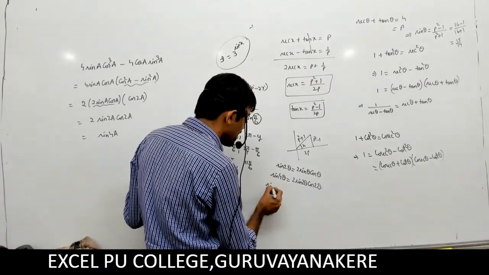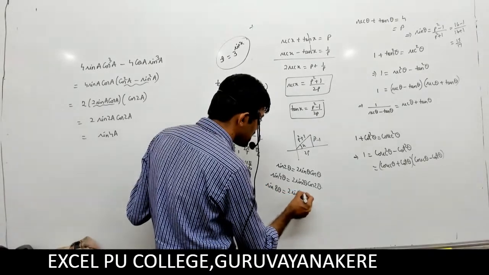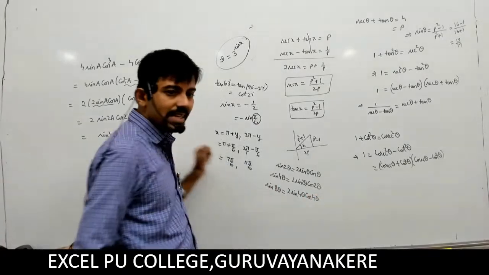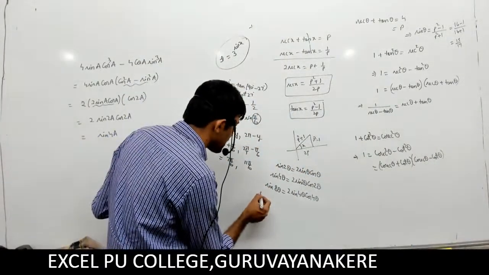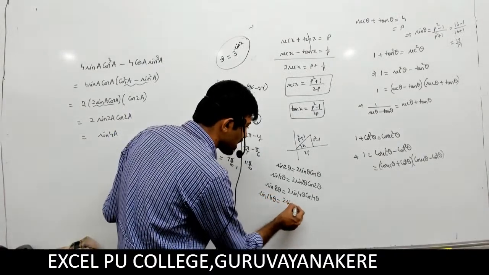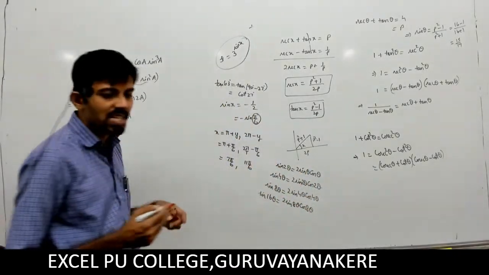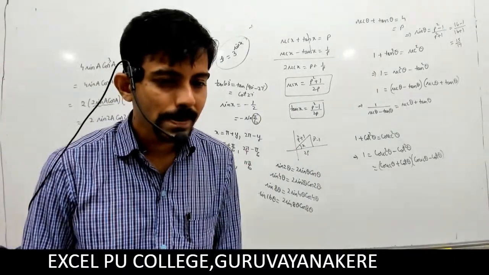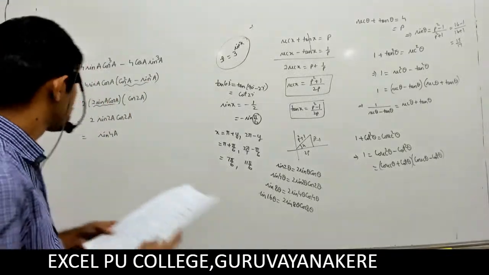Sin 8 theta is 2 sin 4 theta cos 4 theta. If I ask what is sin 16 theta? 2 sin 8 theta cos 8 theta. Like that, you must be able to tell each and everything. Not only sin 2 theta, you must be able to modify it also.